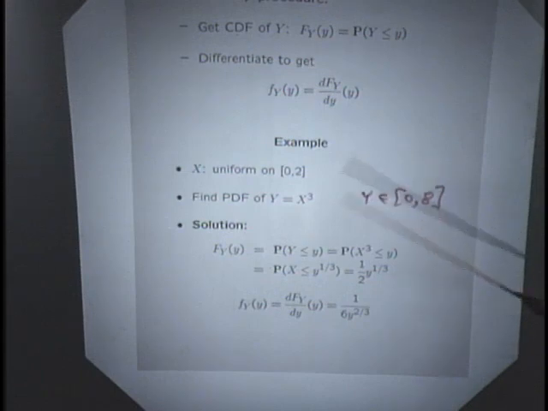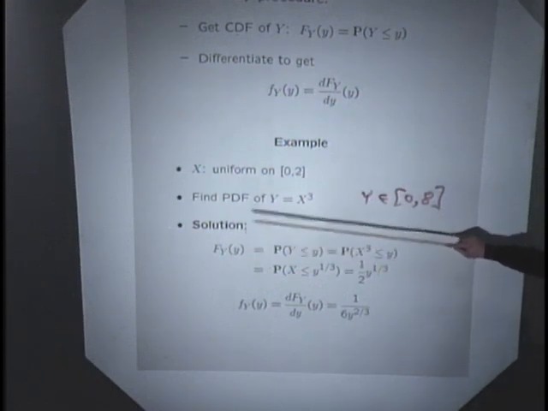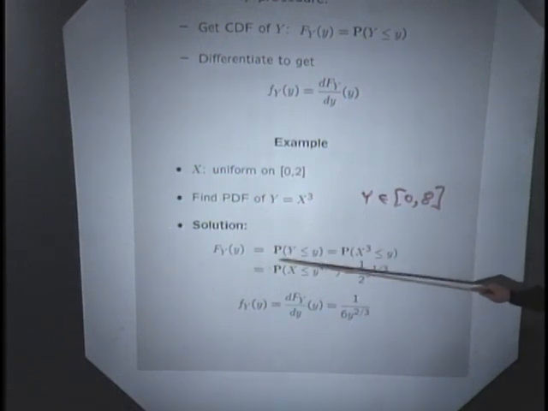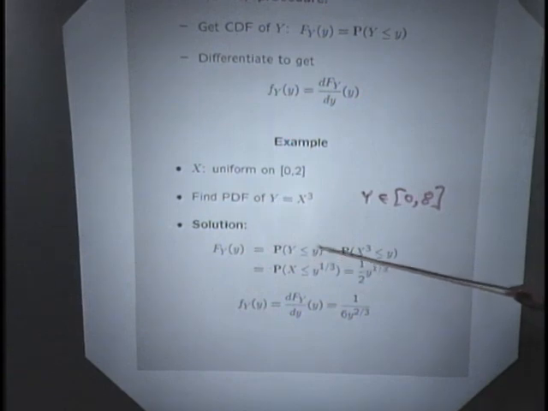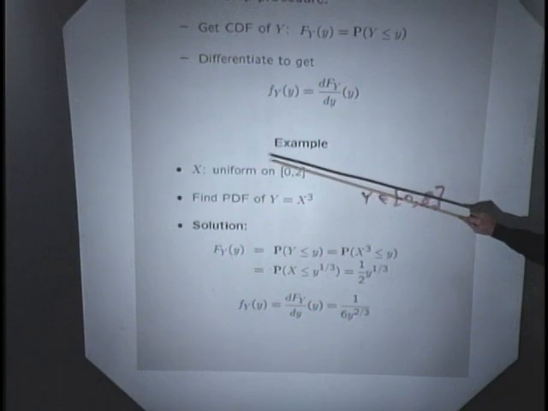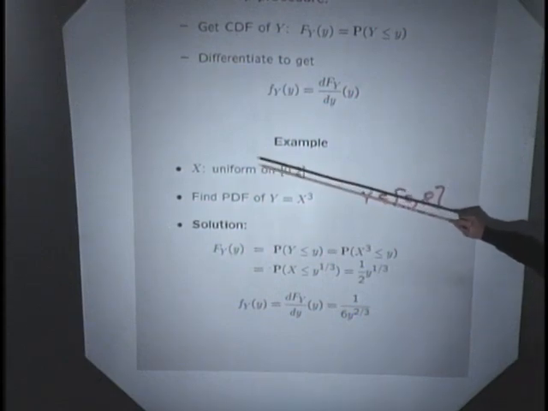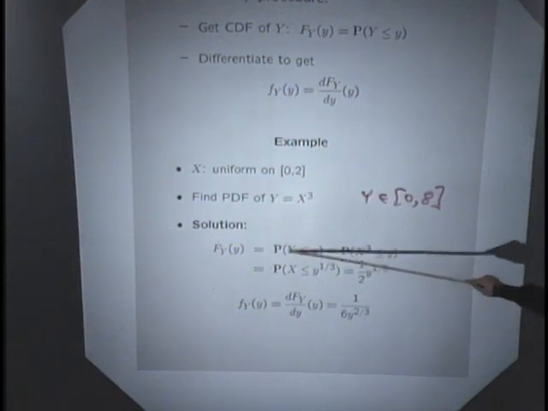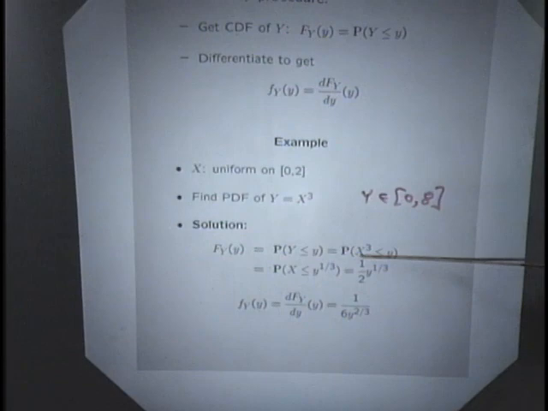We want to find first the cumulative distribution of the random variable y, which by definition is the probability that the random variable is less than or equal to a certain number. That's what we want to find. What we have in our hands is the distribution of x. That's what we need to work with. So the first step that you need to do is to look at this event and translate it and write it in terms of the random variable about which you have information.